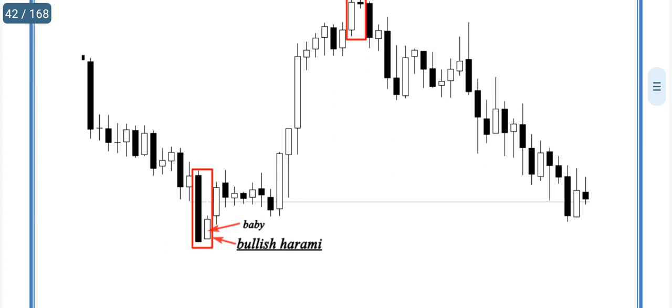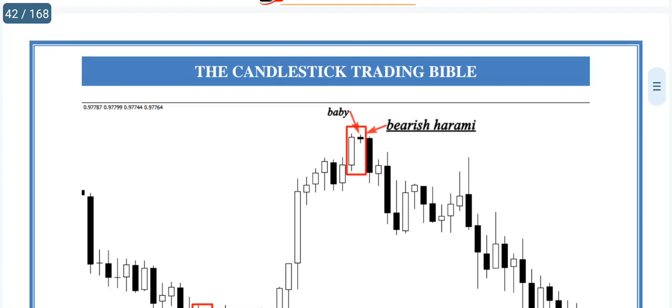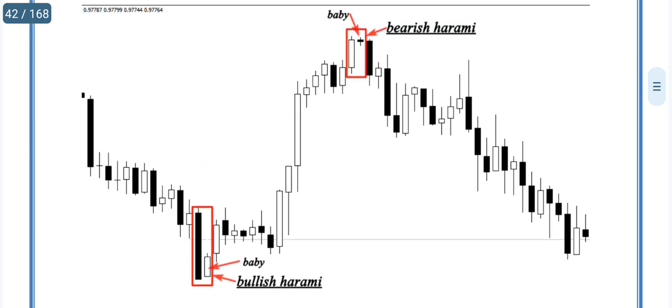In the downtrend we call it a bullish Harami candlestick pattern, and in the uptrend we call it a bearish Harami candlestick pattern. It can form either in the uptrend or the downtrend, as you have observed.